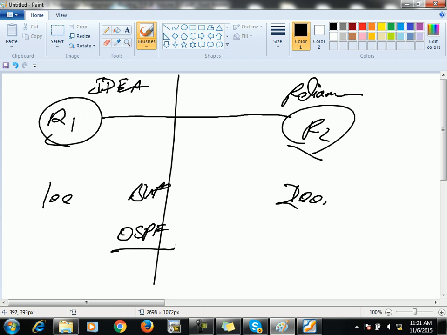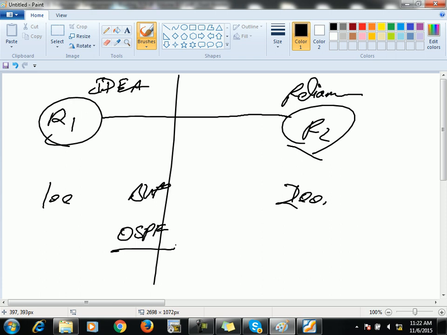So in that case, if you mistakenly configured an IGP between two different ASs, then also BGP must be preferred. Because in case OSPF or EIGRP is preferred over BGP, then their routing table can crash. Of course, it can crash.